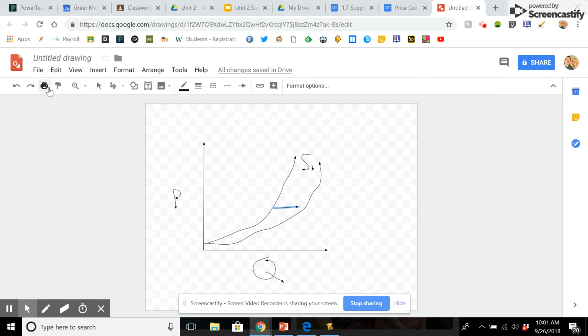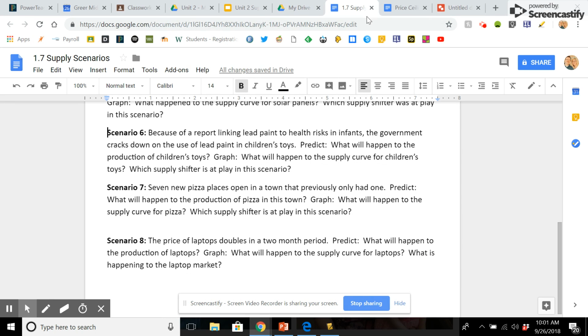So the answer here is this is a government regulation, and this new government regulation will cause supply to decrease. So you'll have a decrease, and I'm sorry for the waviness of this line, but it'll go into an S2 here, okay? What's the supply shifter? It's government regulations, okay?